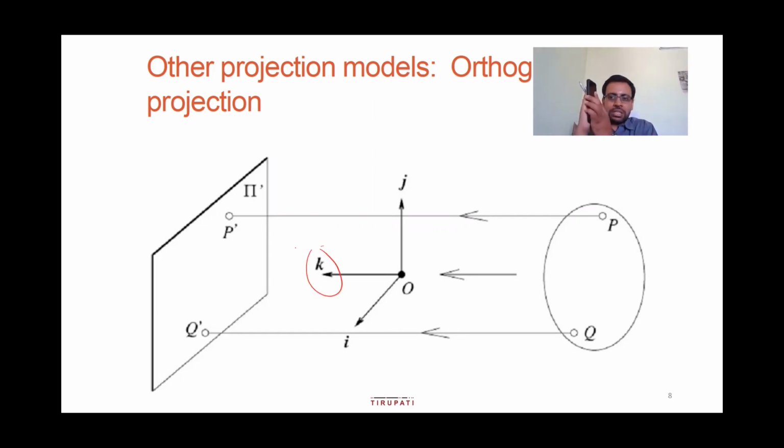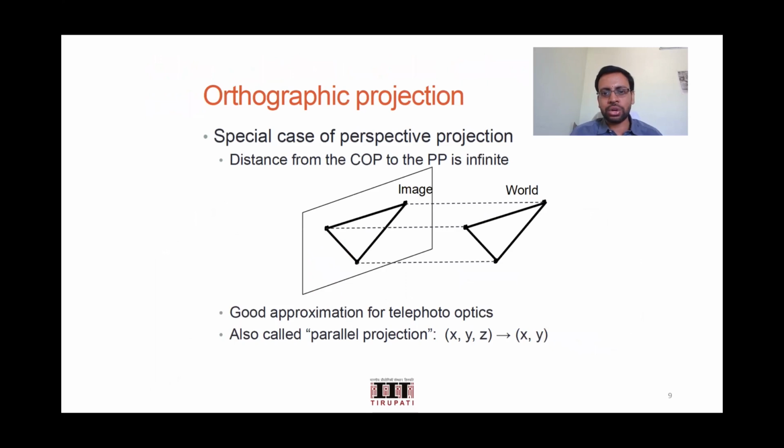When I keep it this way, the whole X and Y remain the same, and this is referred to as orthographic projection, also referred to as a parallel projection.